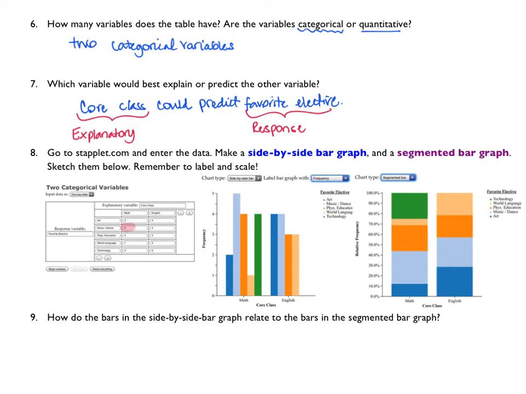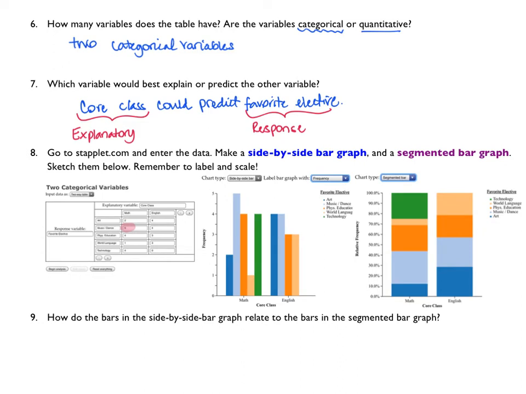Because in a bar graph, we typically look at a comparison of parts to parts. In a circle graph, we typically look at a comparison of parts to the whole, or to the 100%, and that's the same thing, the parts to whole, that a segmented bar graph gives us.